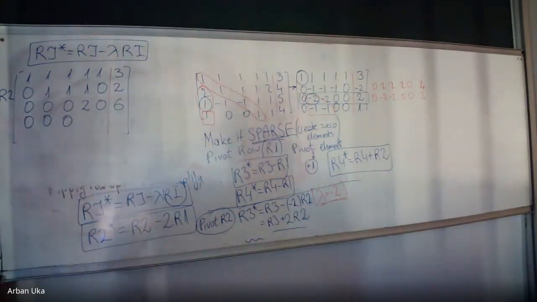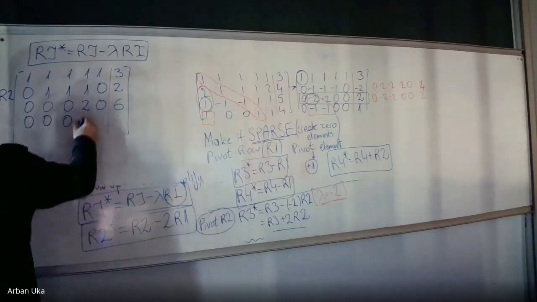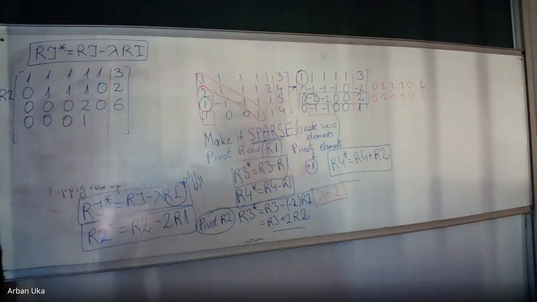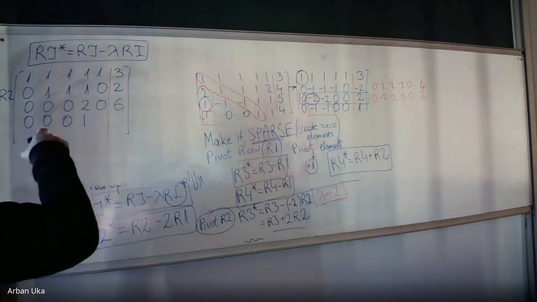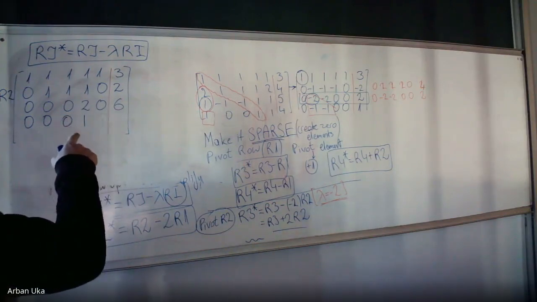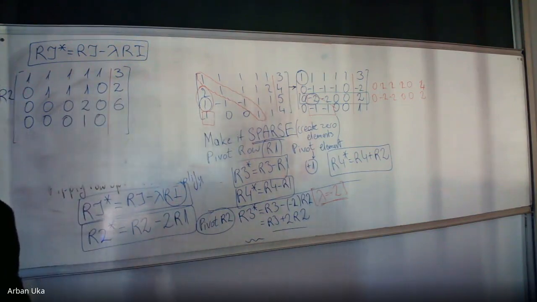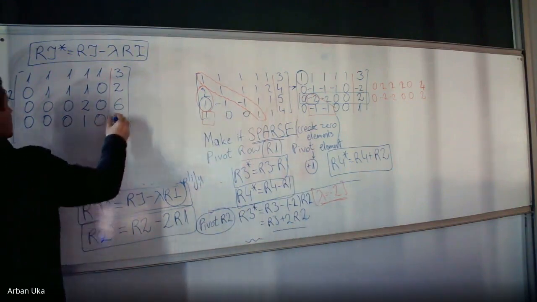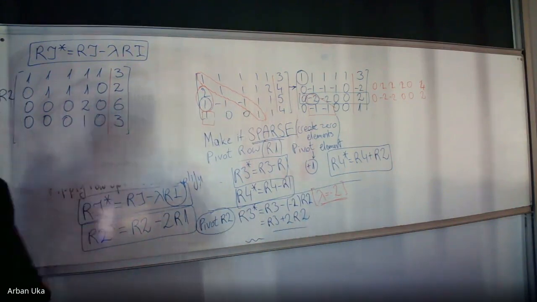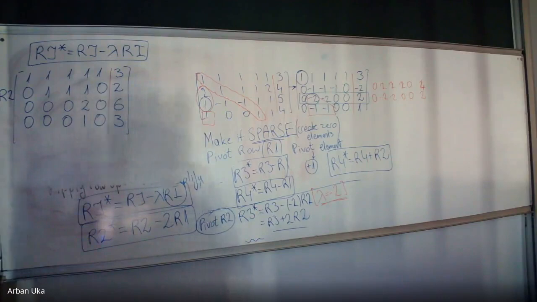We have 1 plus 0, this is 1. And then we read the second row there, and the 0, 0, 0. This is another 0. And then we have 2 plus 1, 3. Here we have 3. So this is the simplified version of this system of equations, okay?